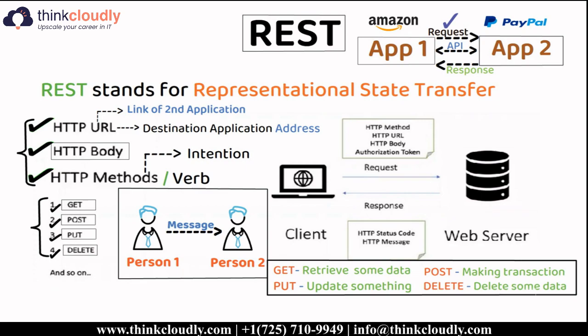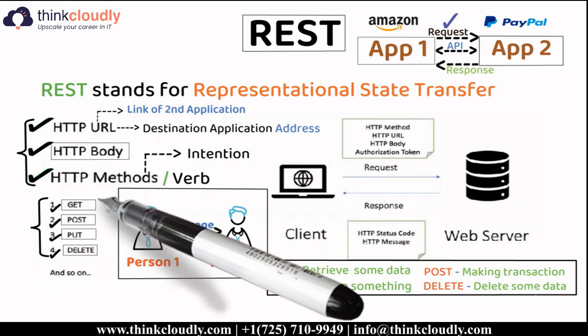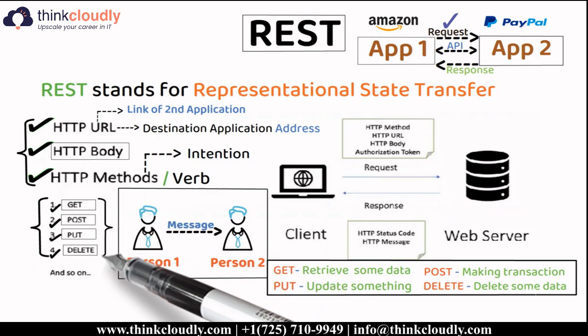So you have to specify the address. Now body will contain the actual matter. It will contain information, and method will tell what is the intention of the request, whether data needs to be deleted, or application 1 is trying to retrieve some data, or update something, or make some transaction. So these are the methods which are used accordingly.